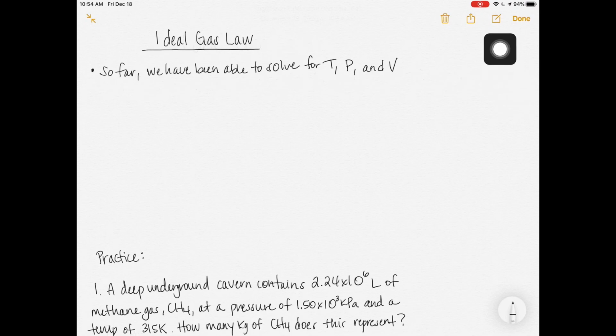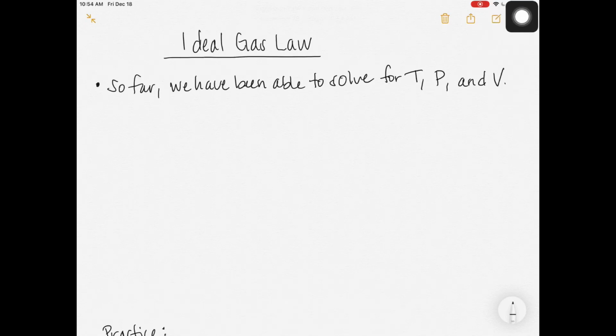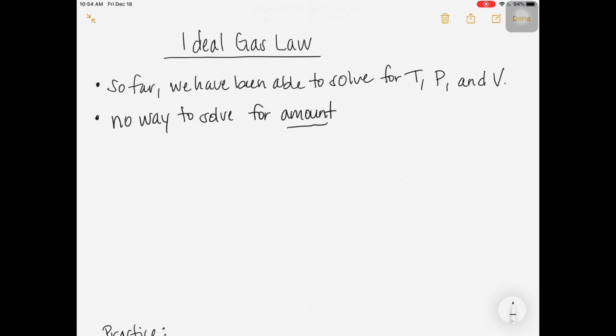Up until this point, we have not done any calculations that have allowed us to solve for the amount of gas in a container. So up till now, we've had no way to solve for the amount of gas, like the moles or the grams of gas that are present in a container.